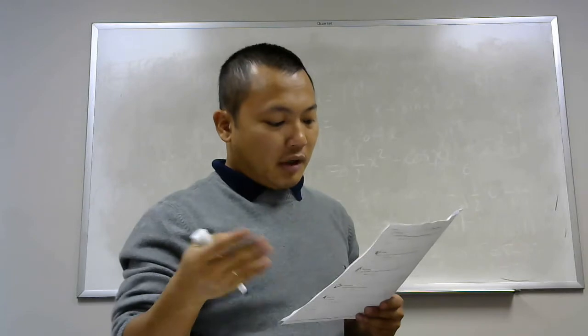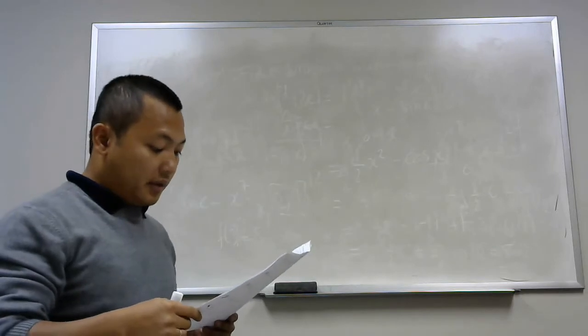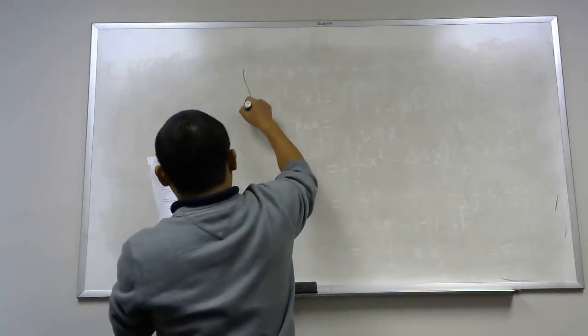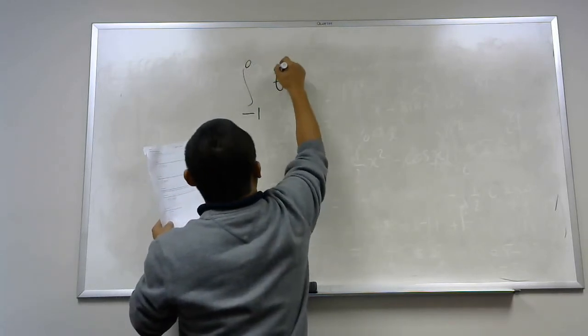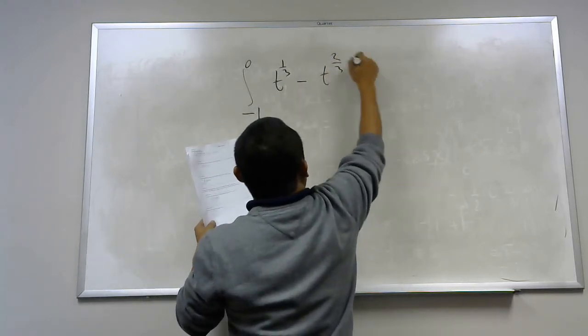Next question. This question has several parts, but the only thing you need to do on the final exam is evaluate the definite integral from -1 to 0 of t^(1/3) minus t^(2/3) dt.